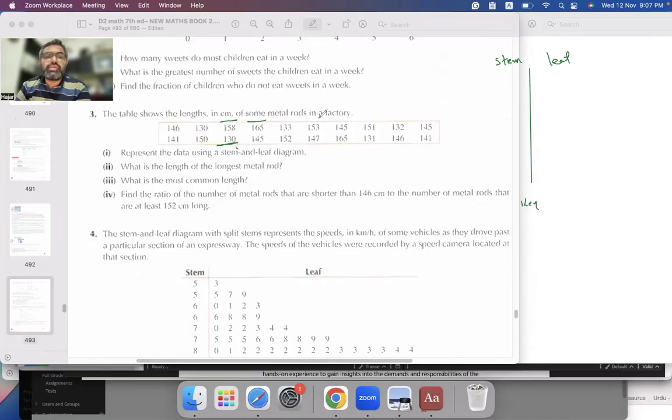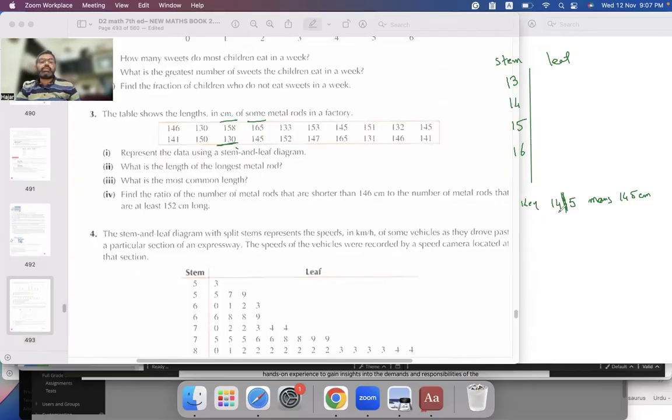We put the stems 13 for the 130s, 14 for the 140s, 15 for the 150s, and 16 for the 160s. In the key, if we have 14, a bar, and any number, suppose 5, it means 145 centimeters.